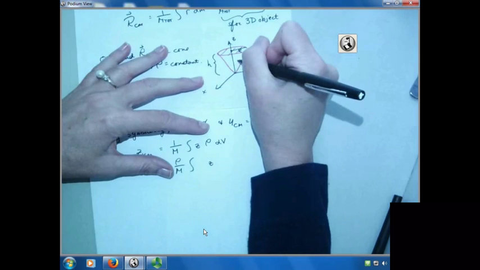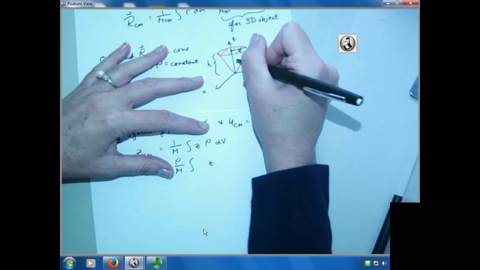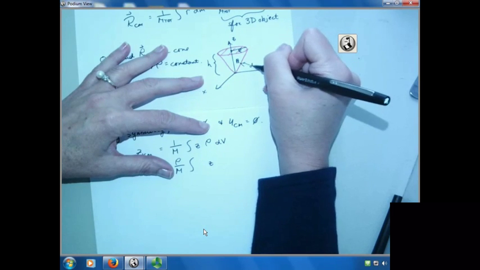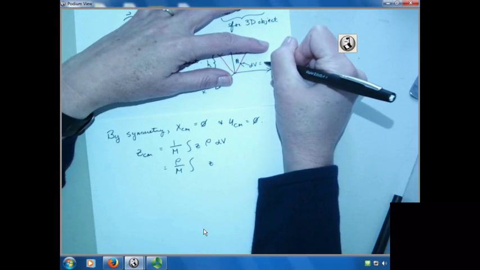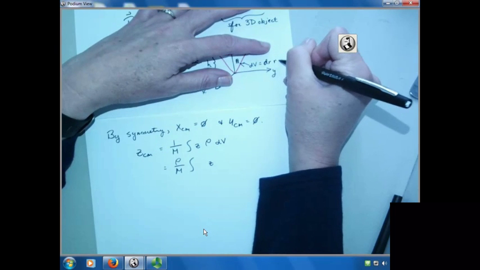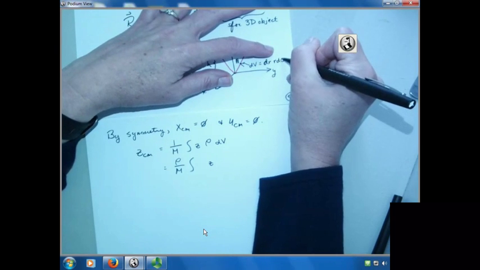So I'm going to have this increment of mass here. It's kind of hard to see, but dv is going to be dr times r d phi times dz.